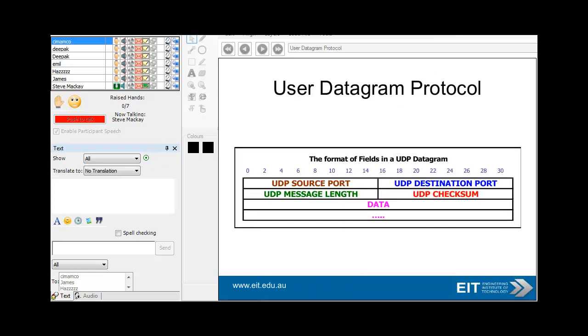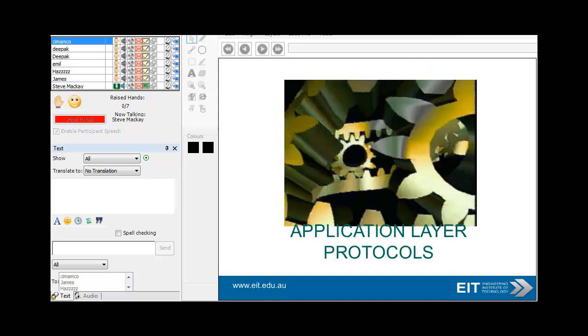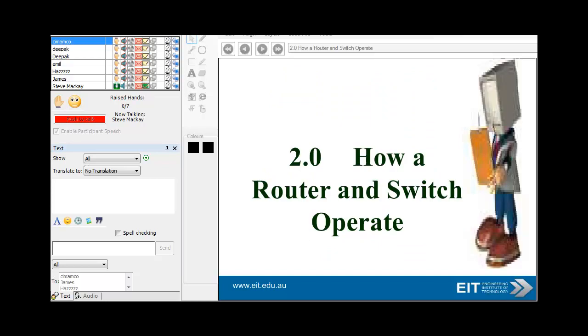So you have a source port and a destination port. The other protocol is the UDP protocol, which is at the same level as TCP, and this is used for sending stuff like video frames. Application layer protocols, as I said, are right at the top.